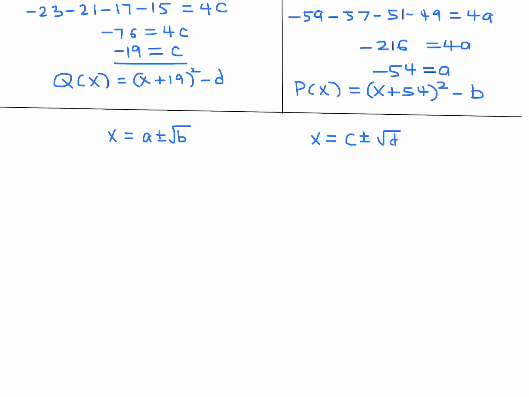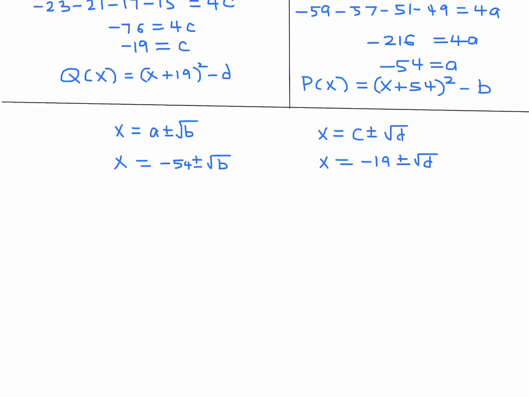Now we have the formula that shows us the numerical values for a and c, so this just becomes x is equal to minus 54 plus or minus the square root of b, and this becomes x is equal to minus 19 plus or minus the square root of d. Now to figure out the actual numerical values of b and d, we have to go back and look at the roots of any of these. So I'll just choose the roots of p at q at x, and those are given in the question. If I go back and use those, I can substitute them in and try to figure this out.